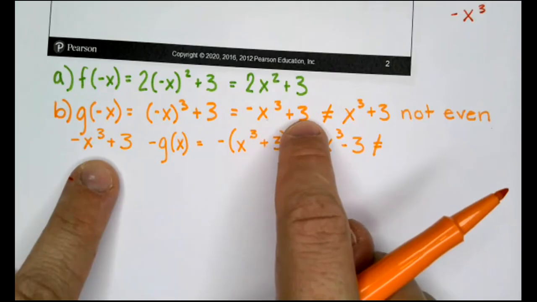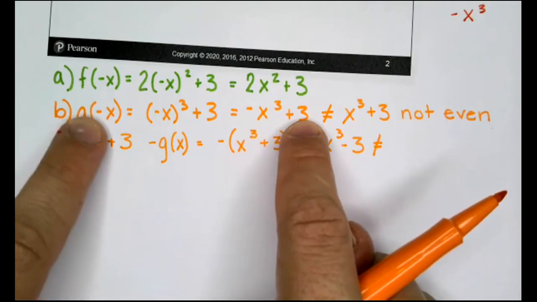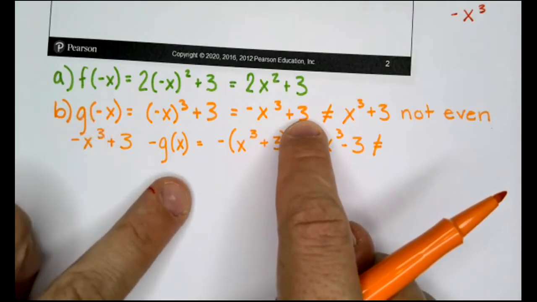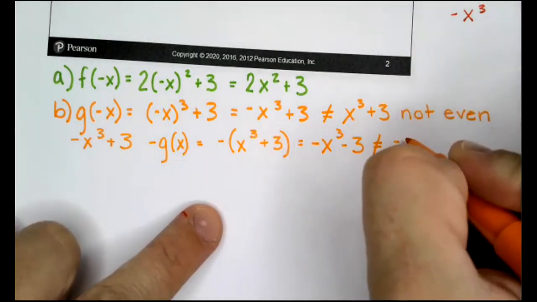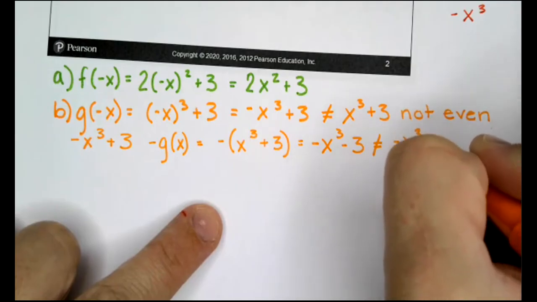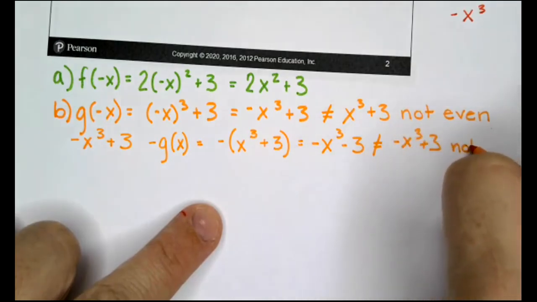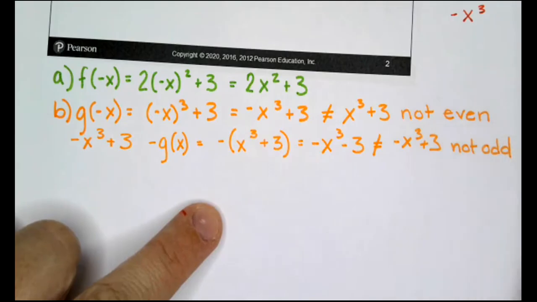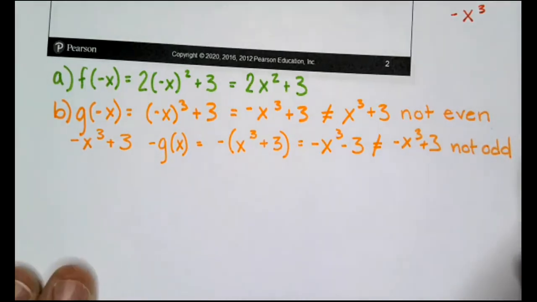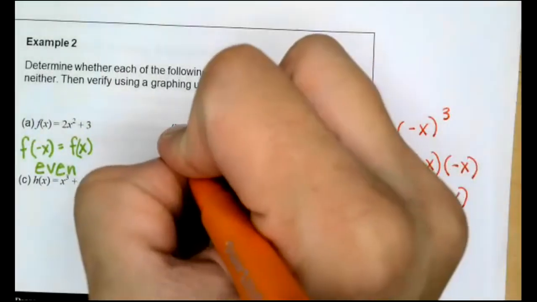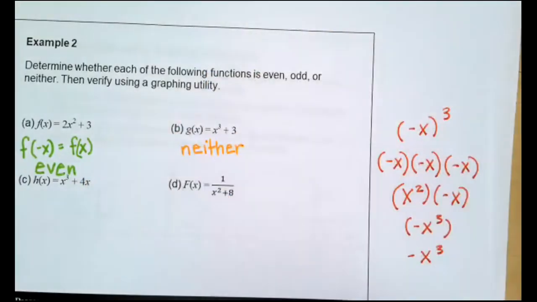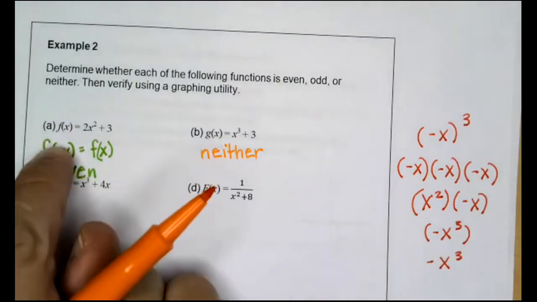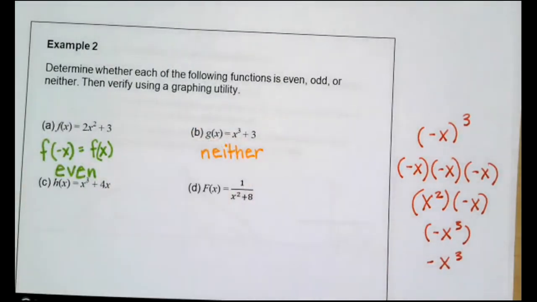Negative x to the third plus 3 is g of negative x, and negative g of x is negative x to the third minus 3. So it's not odd. We say this is neither. And remember, there's no difference between f of x and g of x. They're just two different variable choices you can use.